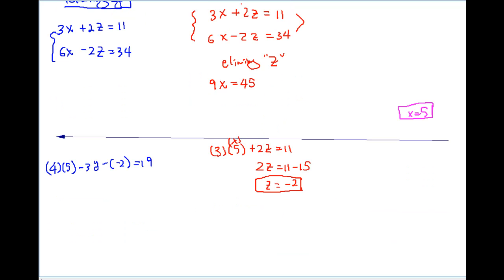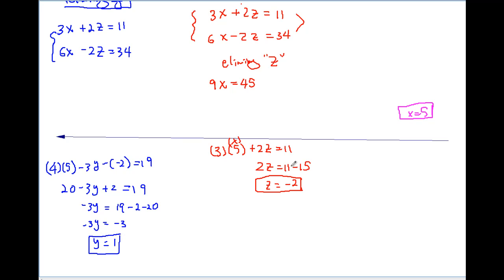So from here, I'm going to solve that: minus 3y plus 2, and this is 20, equal to 19. Minus 3y is equal to 19 minus 2 minus 20. So here I have minus 3y equal to, if you do 22 here, minus 3. So y is equal to positive 1.